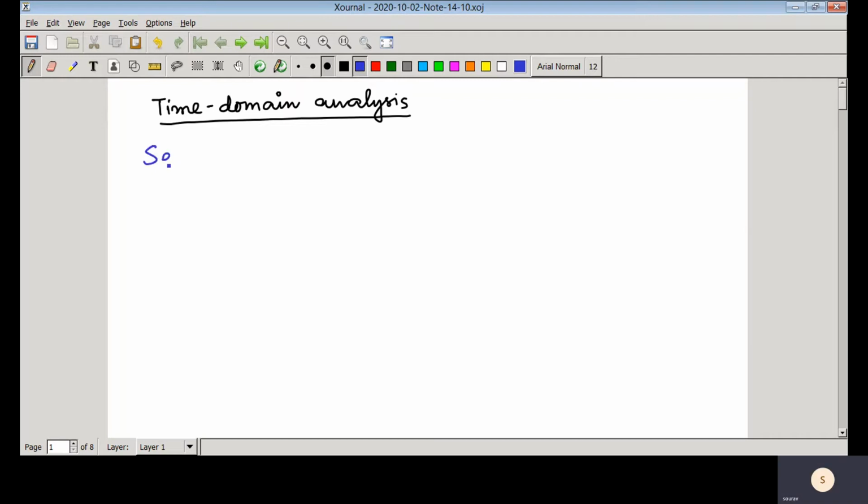So this is second order system. Let us first draw the block diagram.